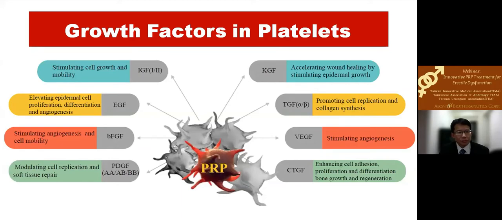The PDGF would moderate cell replication and tissue repair. The KGF would accelerate wound healing and stimulate epidermal growth. The TGF alpha and beta would promote cell replication and collagen synthesis. The VEGF would stimulate angiogenesis. And the CTGF would enhance cell adhesion and make bone growth better.